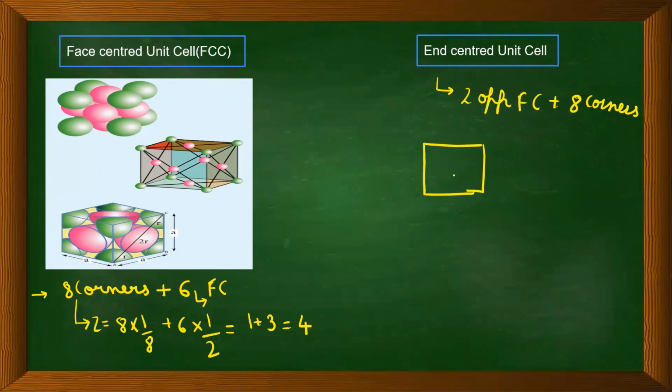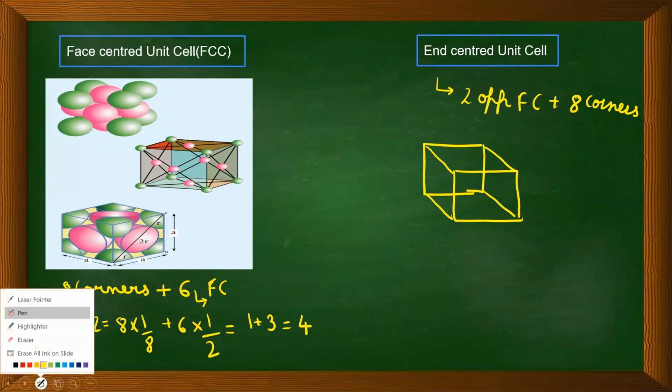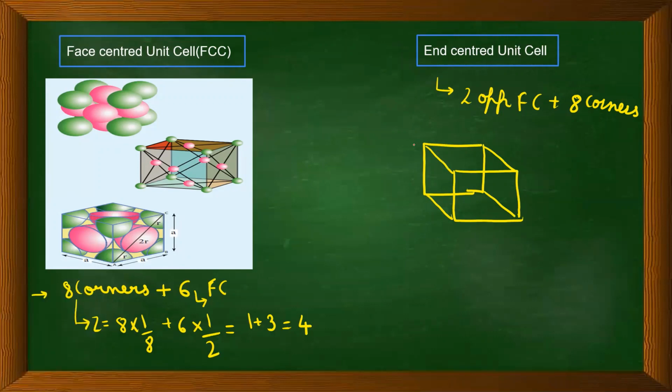This is, now let me draw a cube. This is cube and the particles are present on corners as well as the face centers. These red ones show the particles present at the corners and the blue ones show the particles present at the center of the two opposite faces.